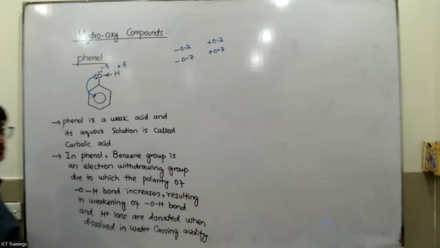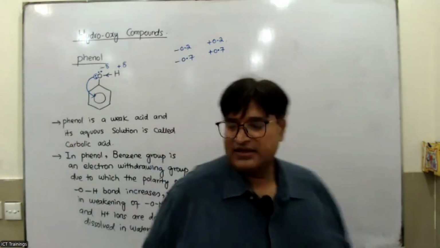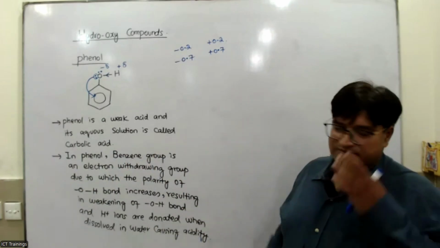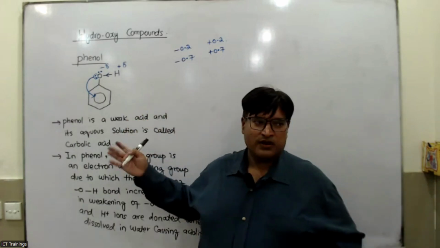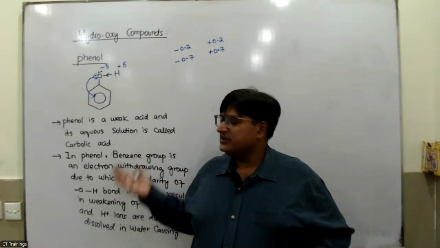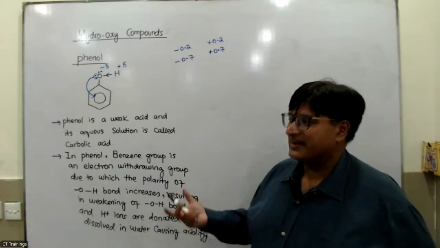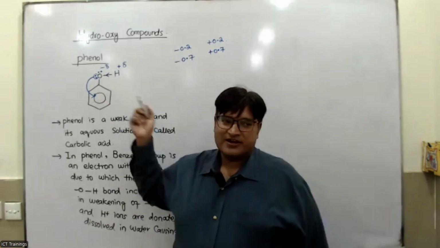Okay, guys. So phenol, my dear students, it's a weak acid, and its aqueous solution is called carbolic acid. And what is the reason behind it? Because benzene is an electron withdrawing group. I told you any element having a lone pair delocalizes its lone pair to the benzene ring. So benzene is actually the electron withdrawing group, due to which the oxygen has a shortage of electrons.